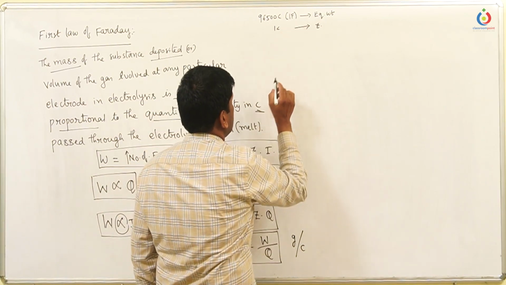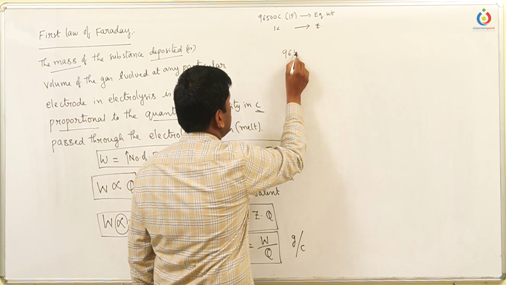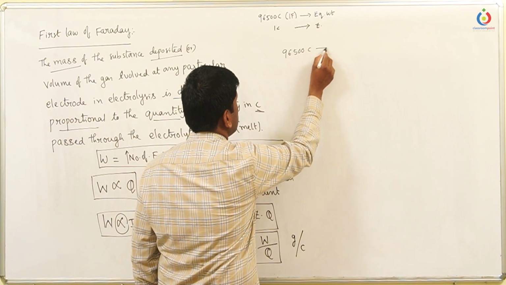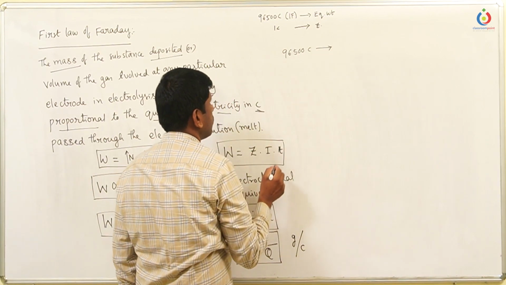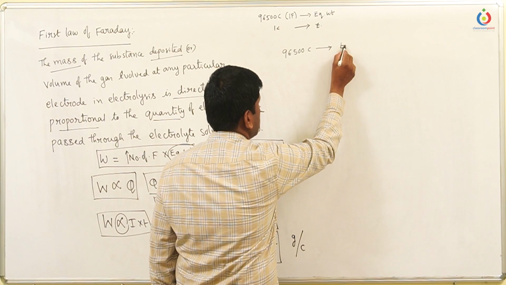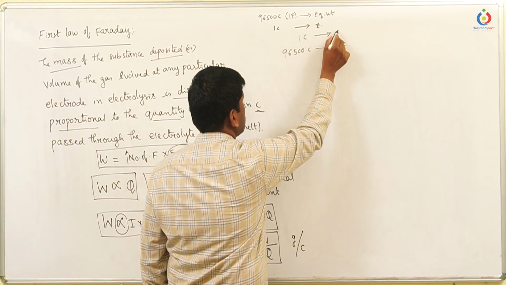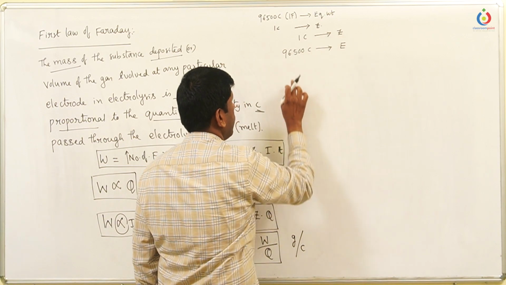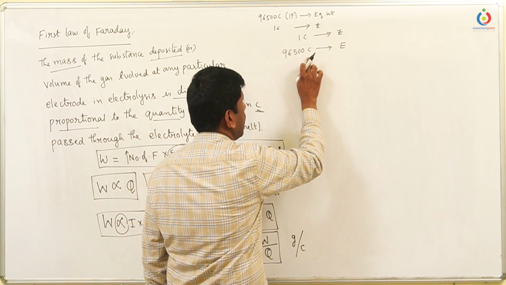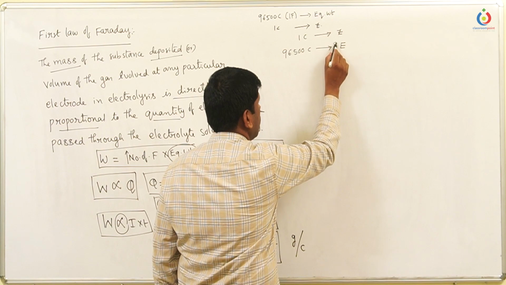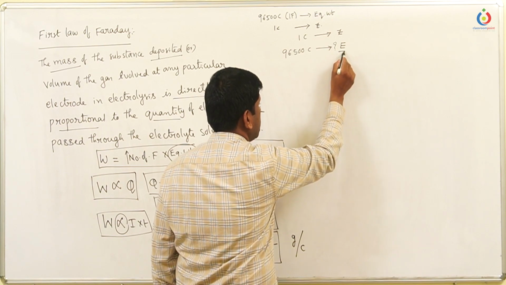So from this it is clear that 96,500 coulombs of electricity deposits some mass of the substance, which is called the equivalent mass. See, 1 coulomb of electricity deposits the mass of the substance Z. Then how much mass does 96,500 coulombs deposit? That is called the equivalent mass.